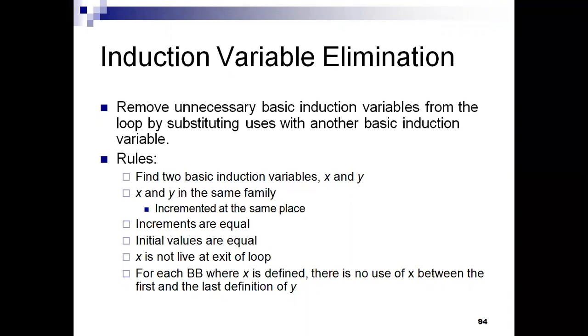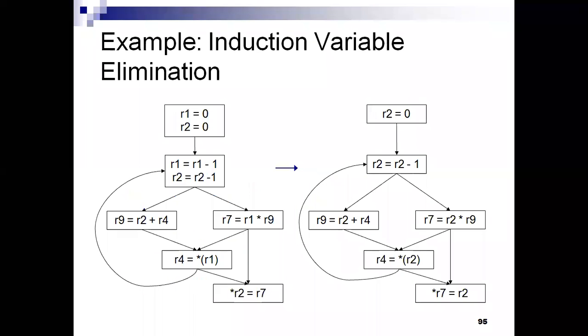For each basic block where x is defined, there is no issue of x between the first and the last definition of y. Make it clear. These are the rules that we need to follow when implementing a transformation like induction variable elimination.